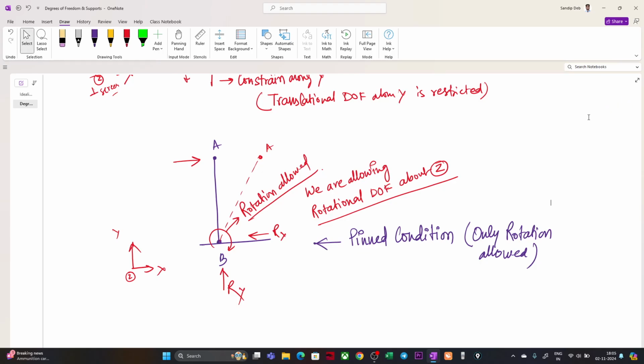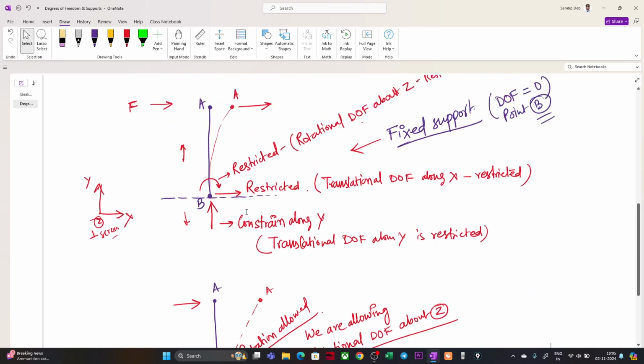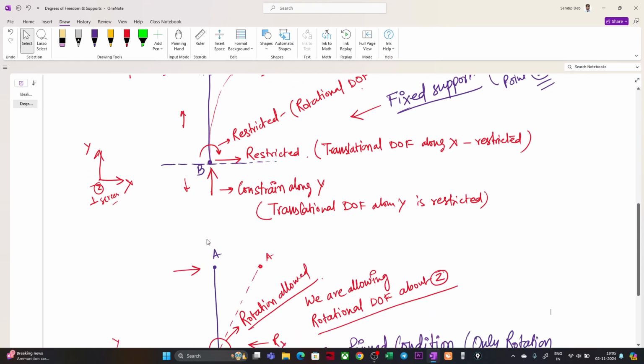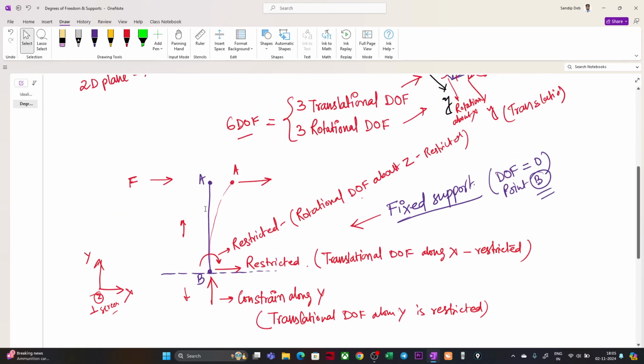For now, what I want to say is that when you say support, supports are provided to make a structural element or structural system stable. A single element may not be stable with a pinned condition, so you need to go for a fixed condition, where this single element is stable when you apply a lateral force.